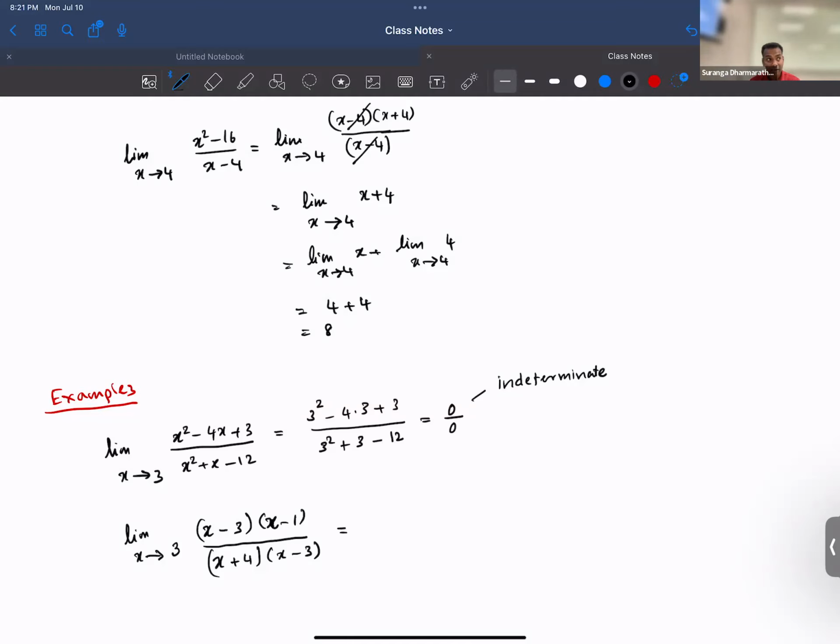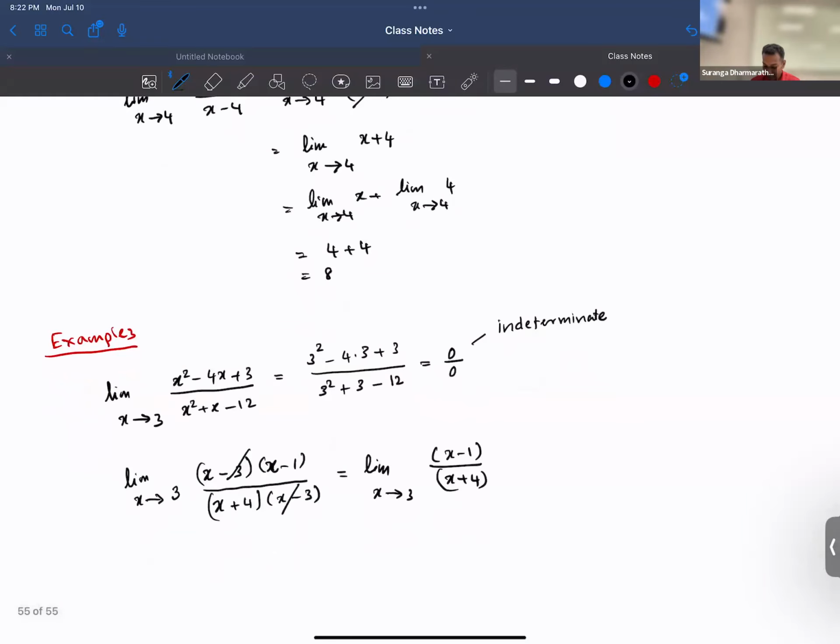Now x minus 3 can be cancelled with x minus 3, these two, right? And then you can write limit x goes to 3 of x minus 1 divided by x plus 4. And then now you can substitute, right? These are two continuous functions. It's not discontinuous at 3, right?